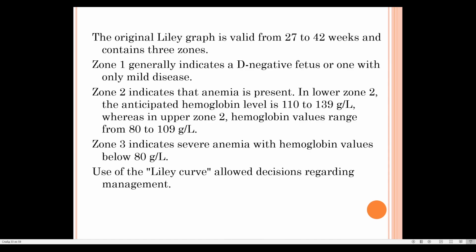And students, pay attention: the hemoglobin norm for a newborn infant just after birth is 160 to 180 grams per liter. Zone 3 indicates severe anemia with hemoglobin values below 80 grams per liter. And use of the Lilly curve allowed decisions regarding management.